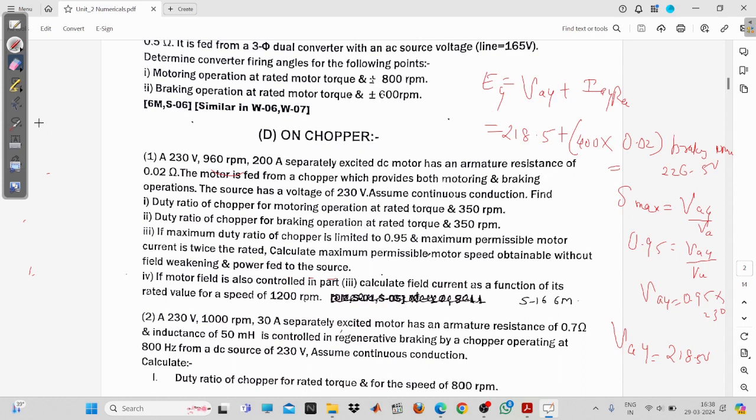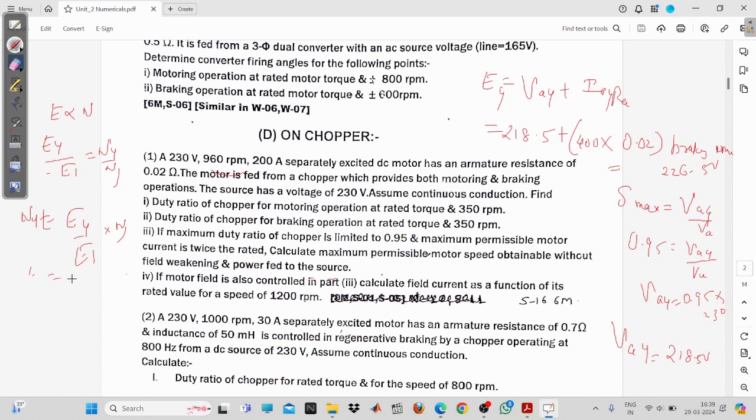E4 is known to you, and E is proportional to N. So E4 upon E1 is equal to N4 upon N1, and you have to calculate the value of N4. N4 equals E4 upon E1 into N1.